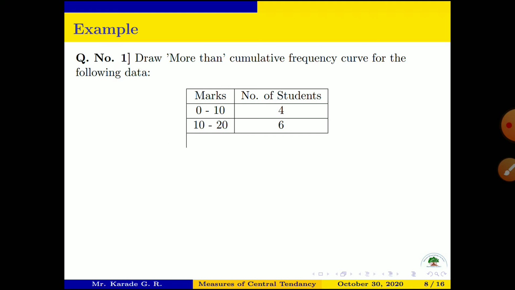There are 6 students having marks between 10 and 20.